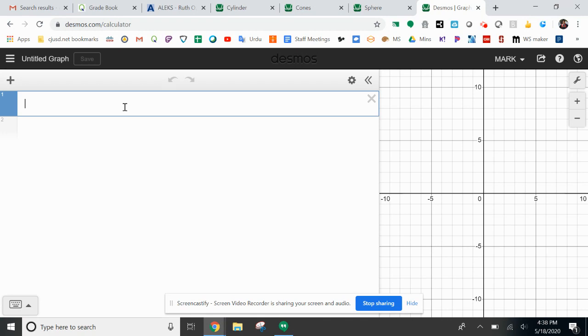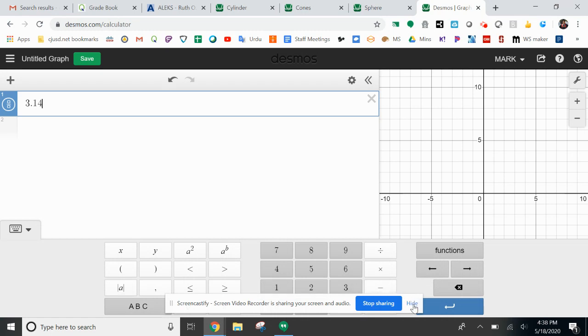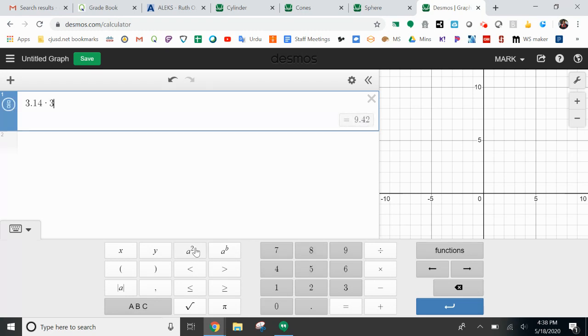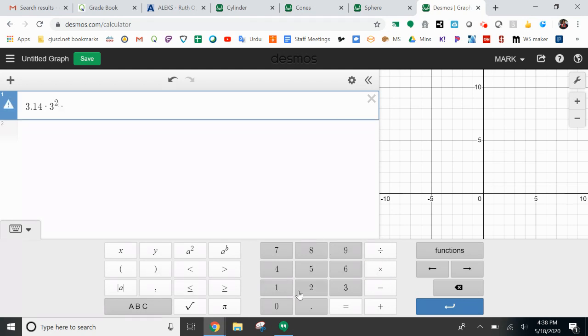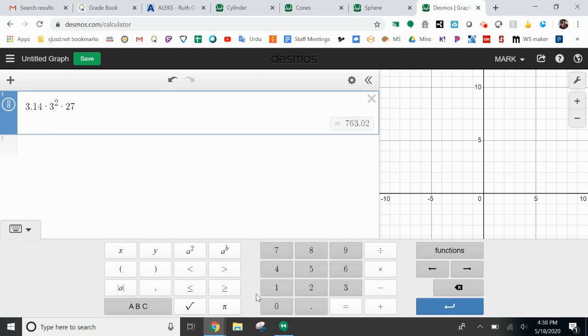So if I put in my volume formula, and if I use Desmos, which I'm going to show you why it's a little bit helpful. So what I'm going to do is I need 3.14, and I can use this little calculator button here to bring this up, and I can say 3.14 times my radius is 3, and I can use a squared to make this number squared, and then it's also times my height, which I think was 27, but I'm going to double check before I go any further.